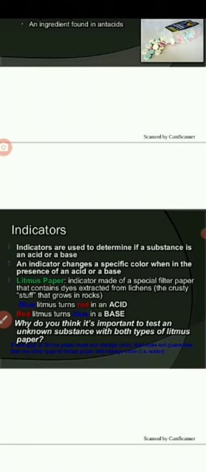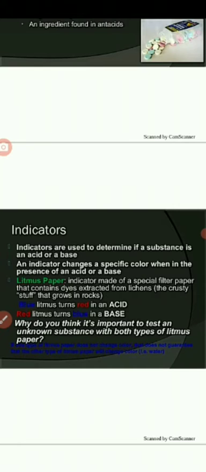When the litmus paper is dipped in a given solution and blue turns to red, it is an acid. When the blue litmus paper turns red, it is an acid.